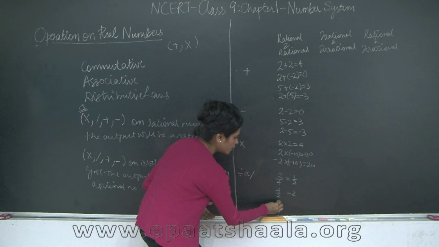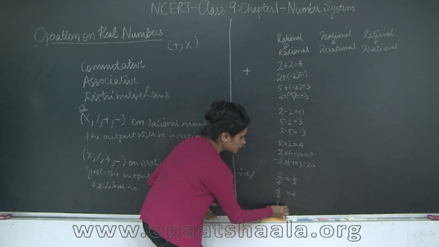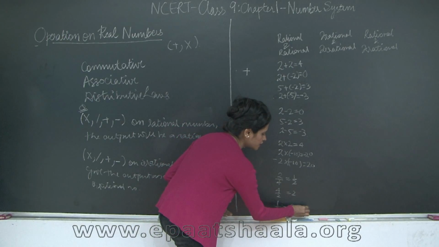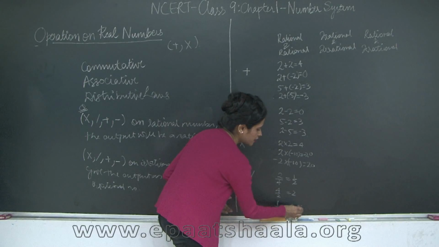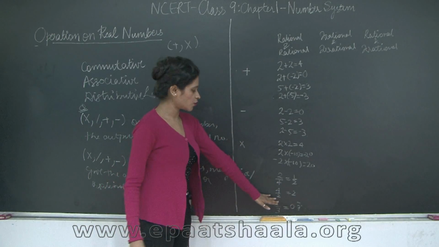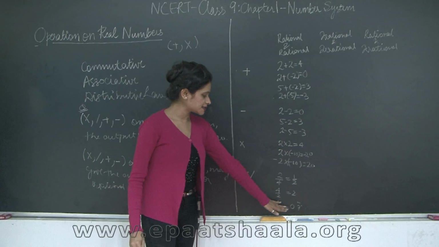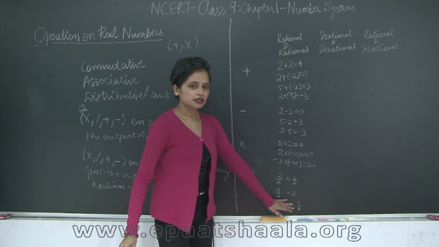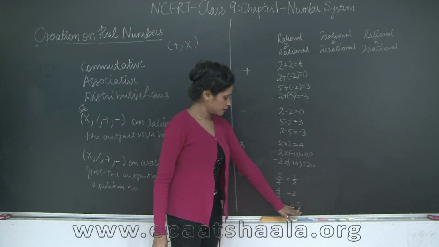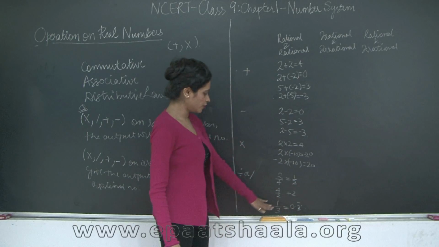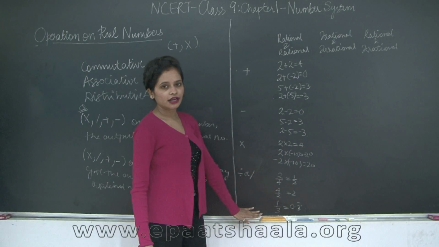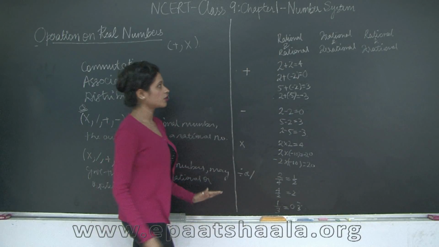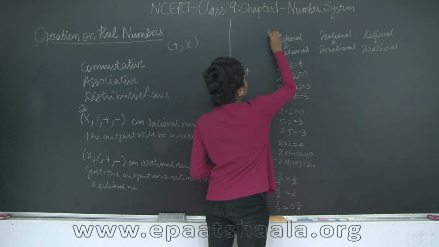And if I take, say, 1 upon 3, it will give me 0.3333 dot dot dot or 0.3 bar, which we saw in the previous classes is a rational number. Why? Because it is a recurring decimal expansion of a rational number. So the output for rational and rational numbers for these signs is always going to be rational.